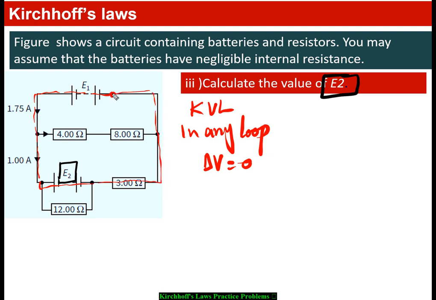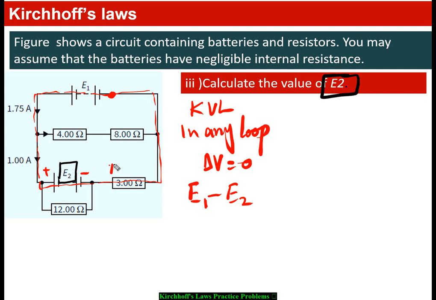Now if I start from this point, I go from the negative terminal to the positive terminal, so the EMF will be positive. The voltage is a gain, so we can say plus E1. And when we cross from the positive terminal to the negative terminal, the voltage will drop, so E2 is minus.